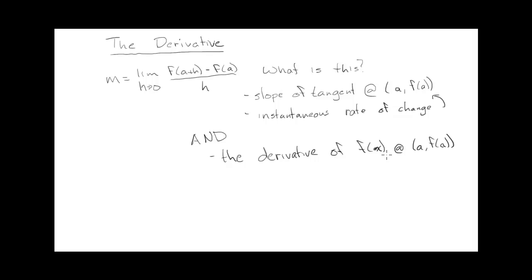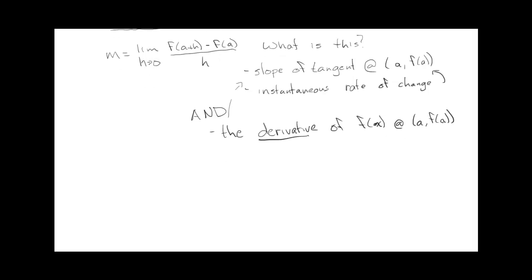So yeah, that's all derivative means. A derivative is the same thing as the slope of the tangent to a curve at a point. So actually that's sort of the definition of a derivative. A derivative is the slope of a tangent at a point.